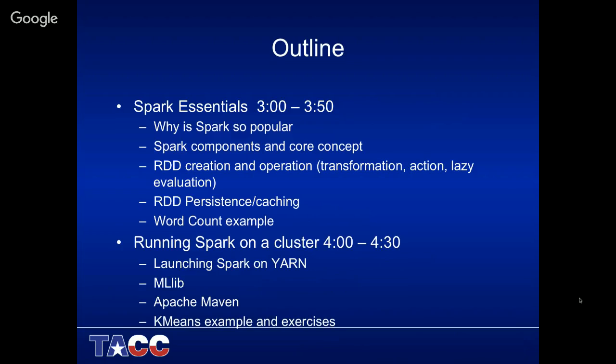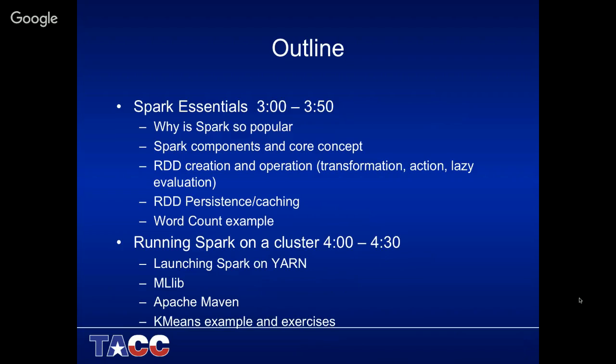I'll talk about word count examples similar to the ones just introduced in Hadoop. For the second half, I will introduce how to launch Spark on YARN, the resource manager, and then introduce the machine learning libraries within the Spark framework.